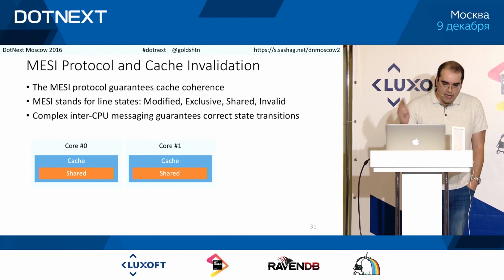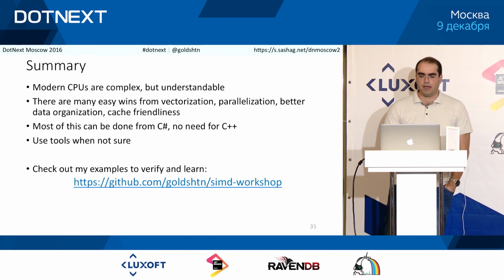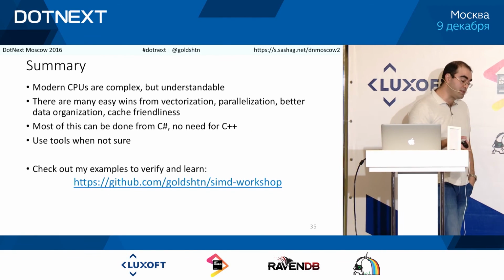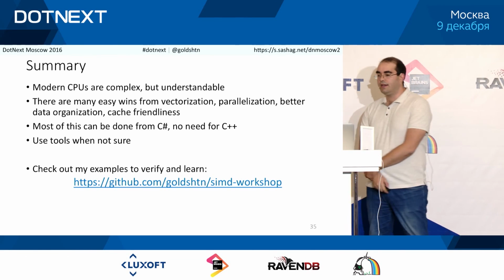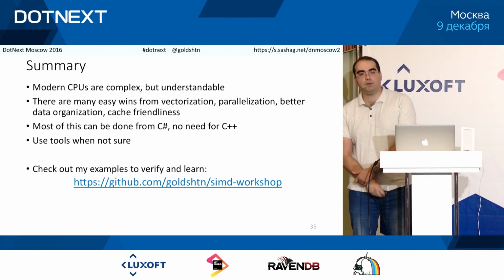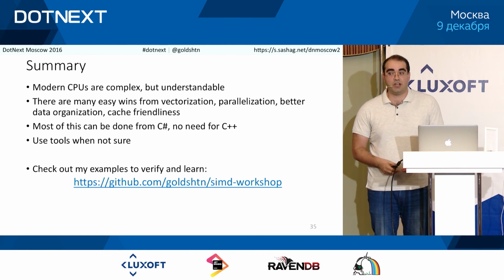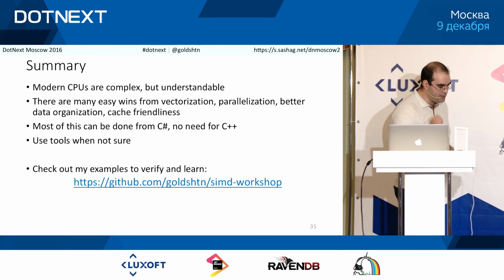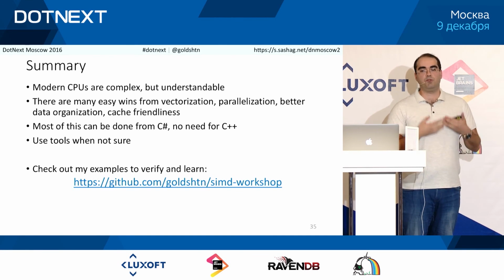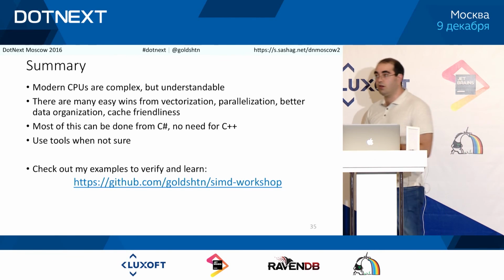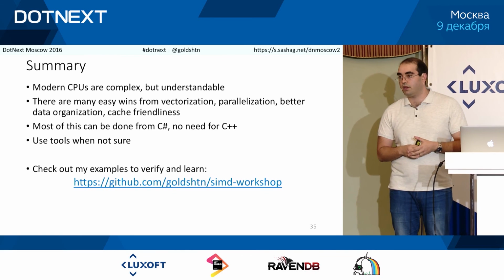So again, I'm sorry for slightly going over time. I just want to go towards the end. The examples which I've shown you, all the samples, all the benchmarks are online. I hope you saw that modern CPUs are sort of complex, but there's a lot of considerations which are understandable if you keep in mind the structure of the CPU, if you keep in mind that you have to keep the CPU busy, if you keep in mind that you have vector instructions, multiple cores, cache hierarchies to think about.